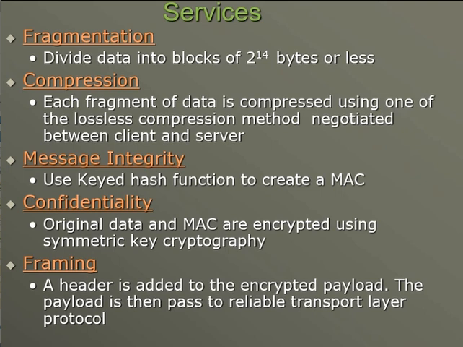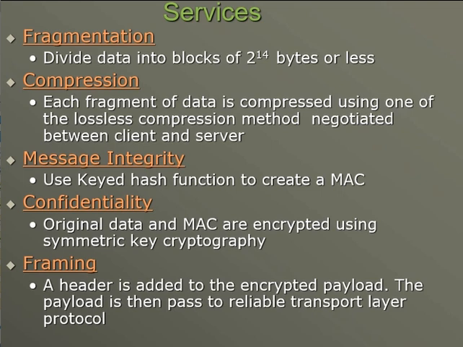Then each fragment of data is compressed by using one of the lossless compression methods negotiated between the client and the server, whereas this compression is a completely optional service.